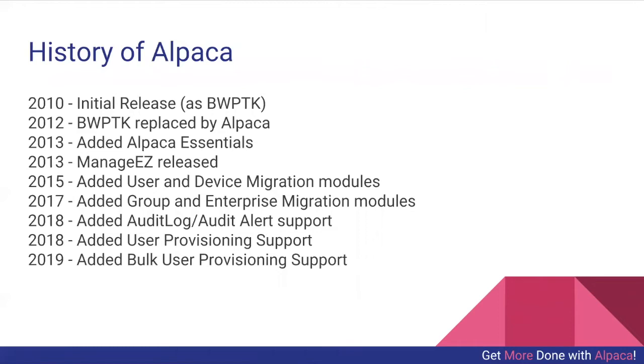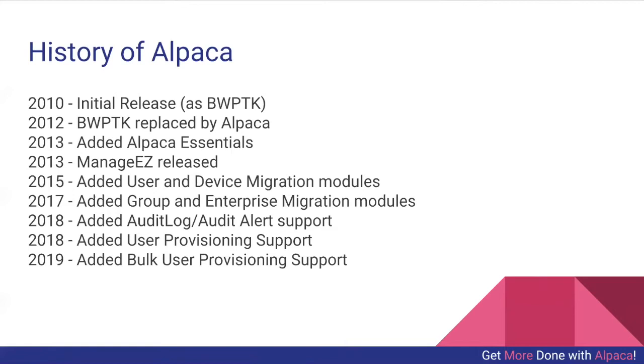BWPTK was a relatively small tool, stood for BroadWorks Provisioning Toolkit. The toolkit evolved over time, and it was a command line only tool. And we added features to it. The name changed a couple of times.